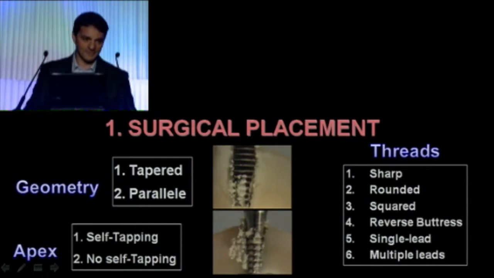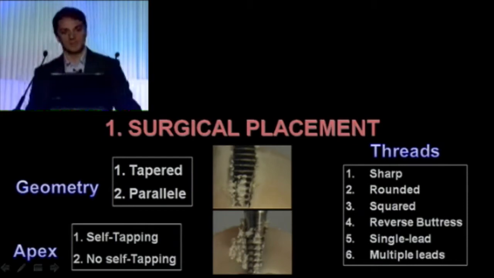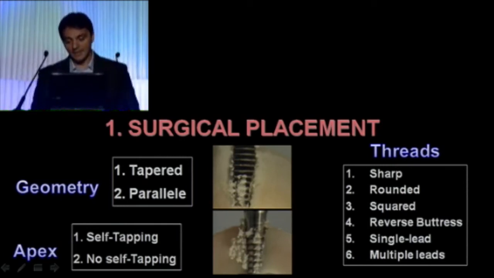It's much easier and faster to have a conical shape, large thread, large pitch. It's faster and easier. And then if it is self-tapping or not self-tapping, that's another very important difference, because you have to go with the tap before placing the implant. It takes time.